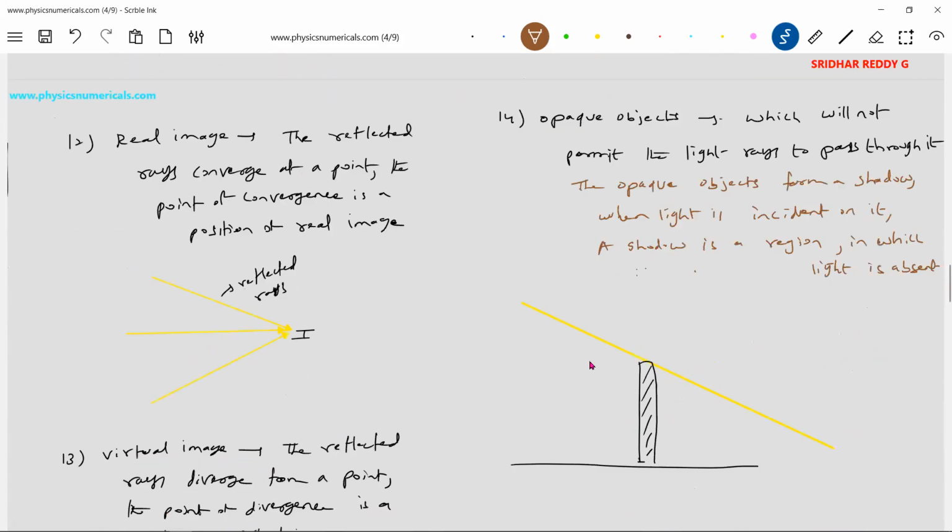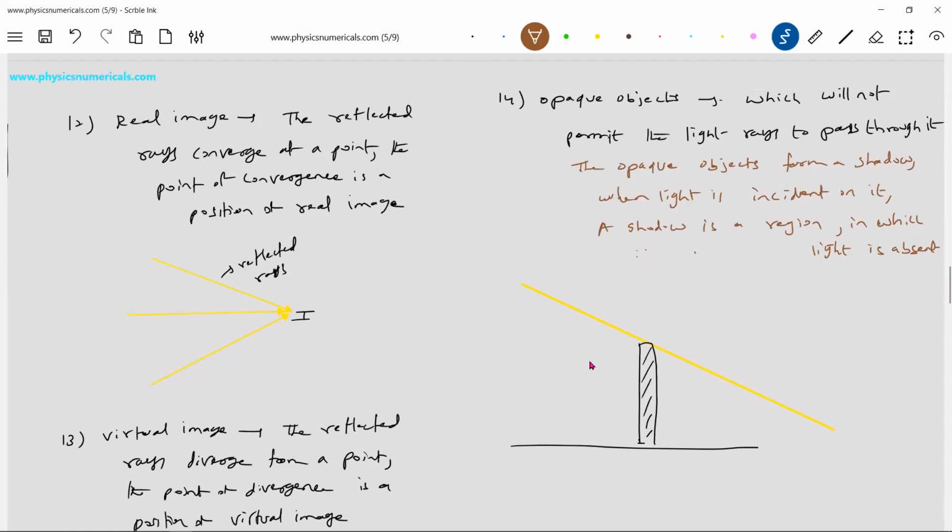Now look at this one. I'll continue with the diagram. This is the incident light. Just a minute. So these are the arrows.